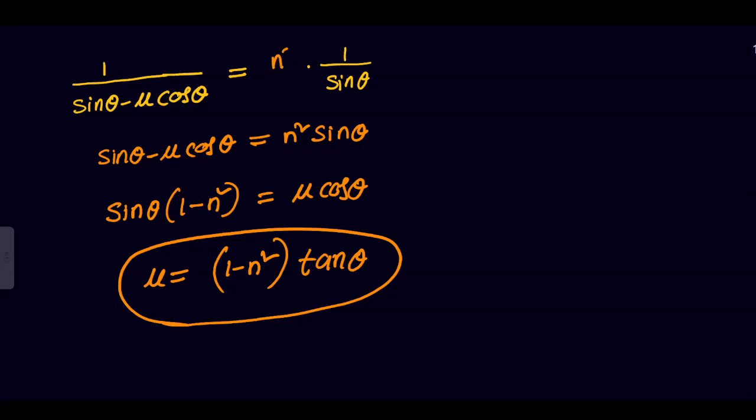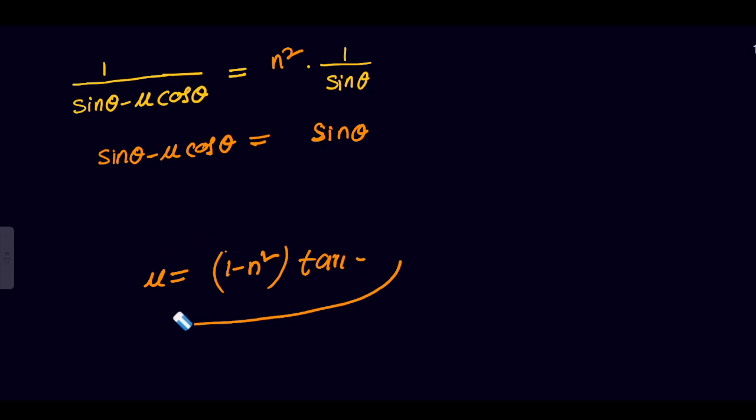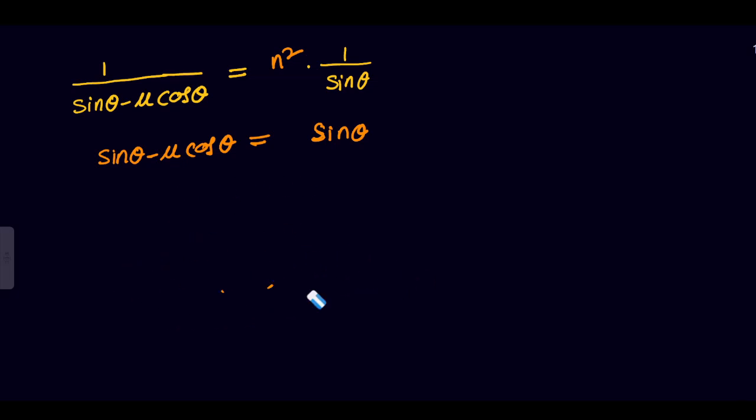Now this is n square only, right? This step is wrong. I wrote 1 by n, not 1 by n only. So this will be n square.